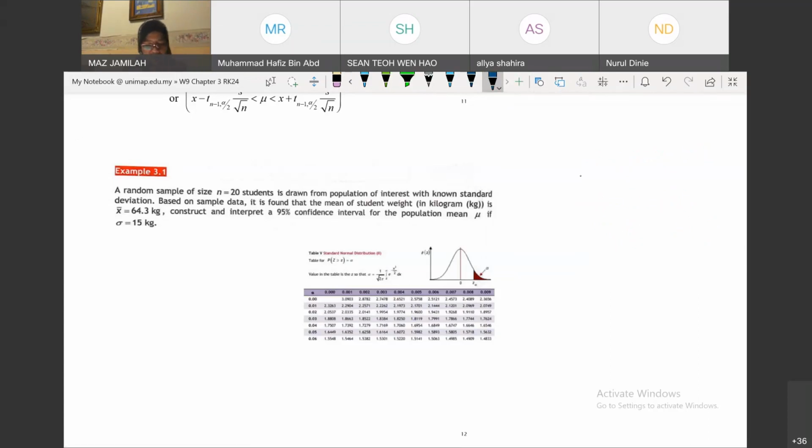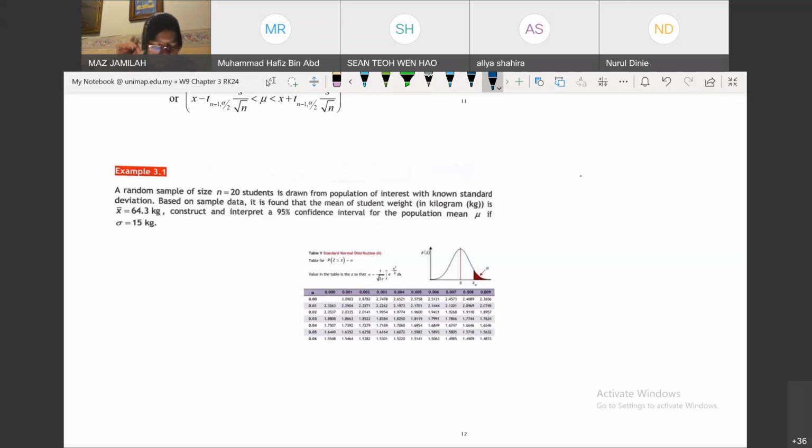A random sample of size n = 20 students is drawn from a population of interest with known standard deviation. Now, in statistics, every single word or sentence has significant meaning, because you need to understand what each figure means to the question.